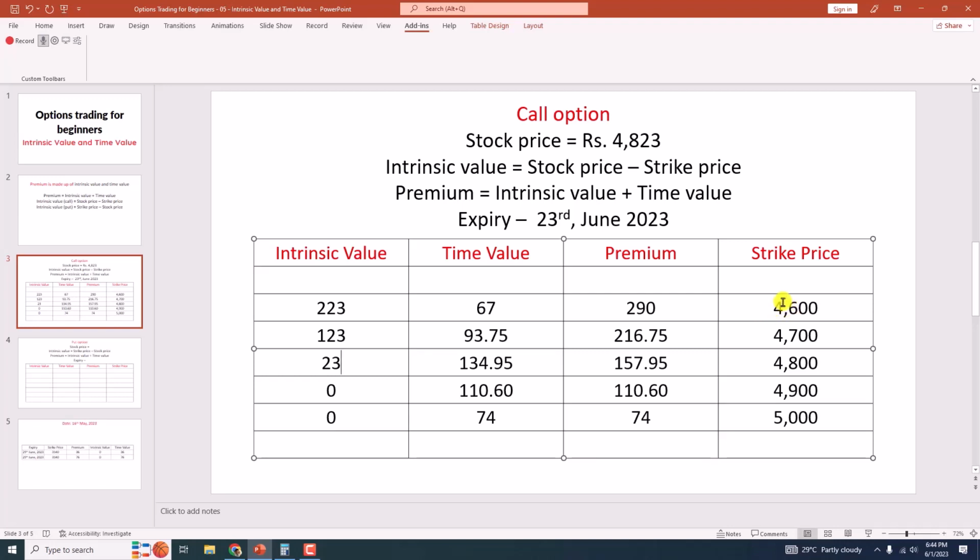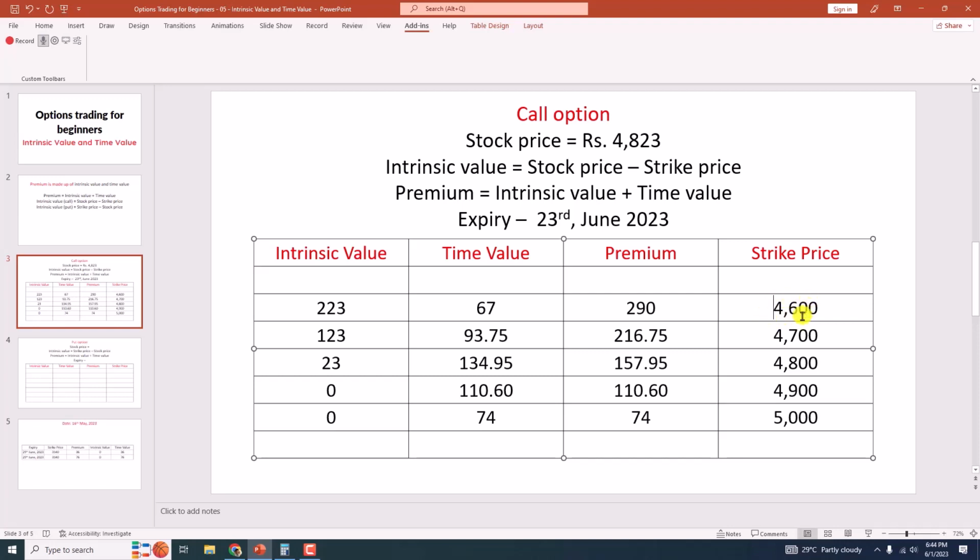Now what is the meaning of strike price? It is the deal price, meaning I have an option to buy at this price.